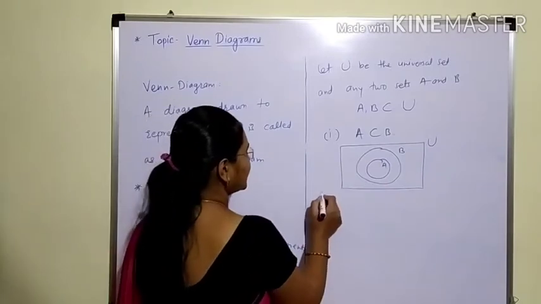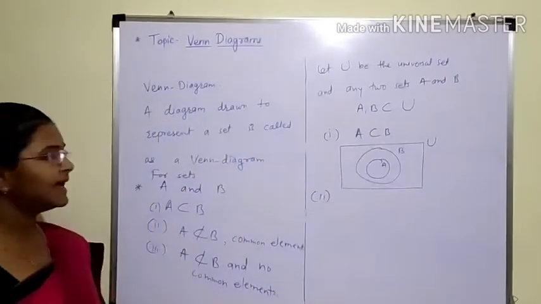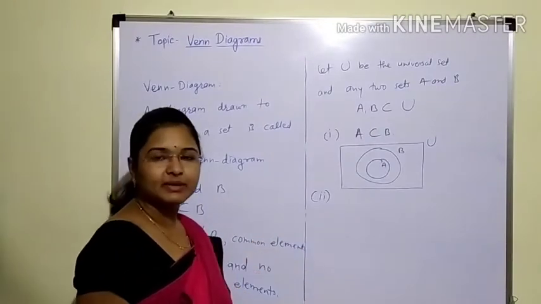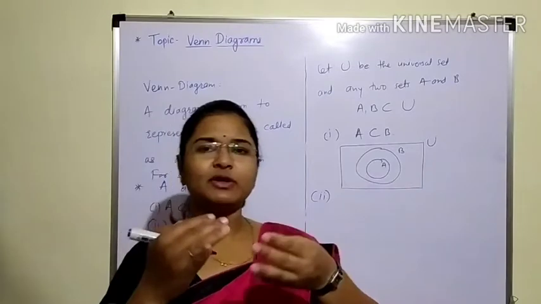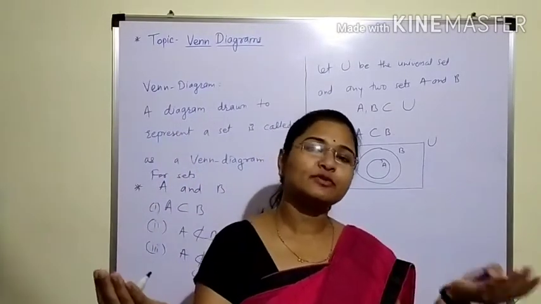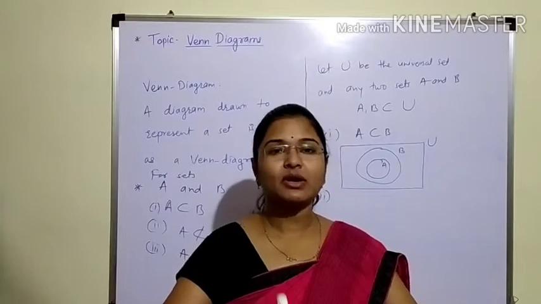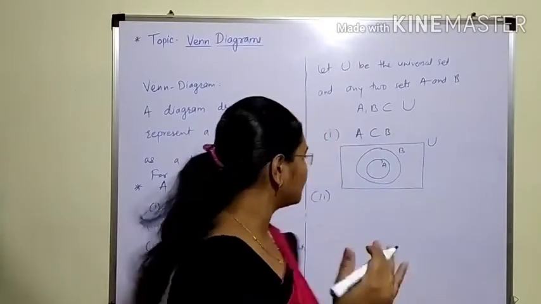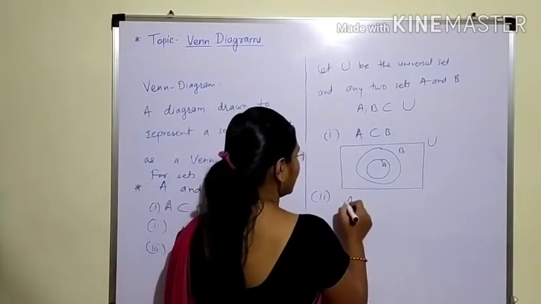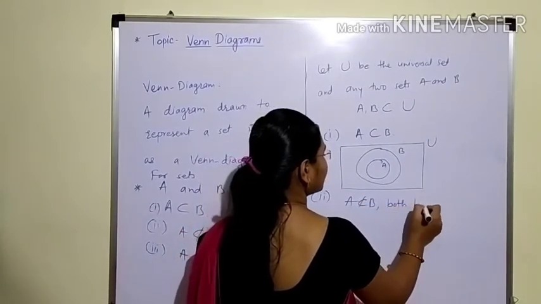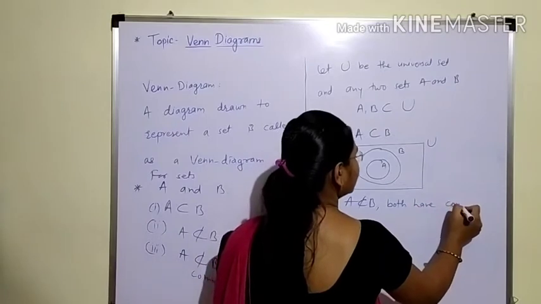Now the second case, when A is not a subset of B but both have some common elements. If we draw separate circles for sets A and B, then both circles will intersect each other because they have common elements.